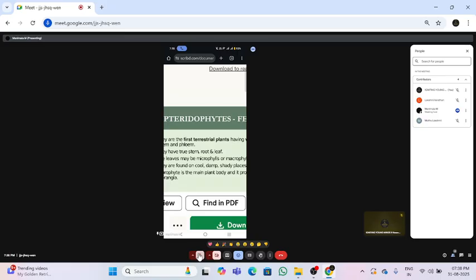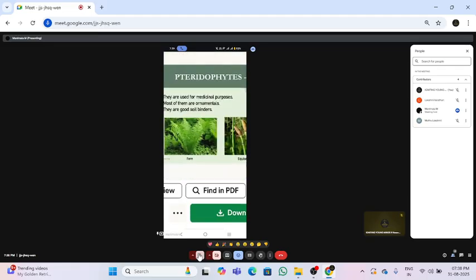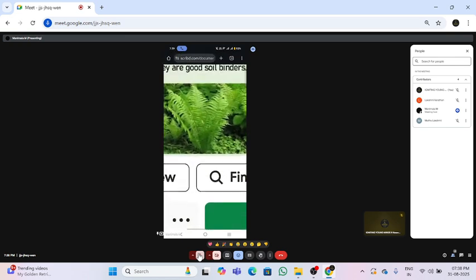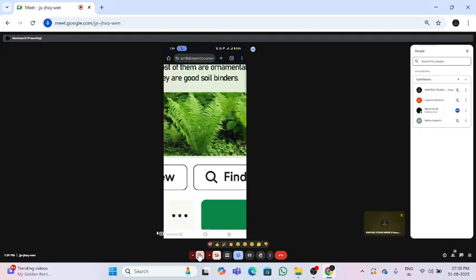Just make a note. The name pteridophytes is derived from the feather-like nature of the leaves of ferns. When you see the leaves of the pteridophytes, they look like a feather. If you see this fern plant, it has a feather-like nature. Due to this, they got the name pteridophytes.